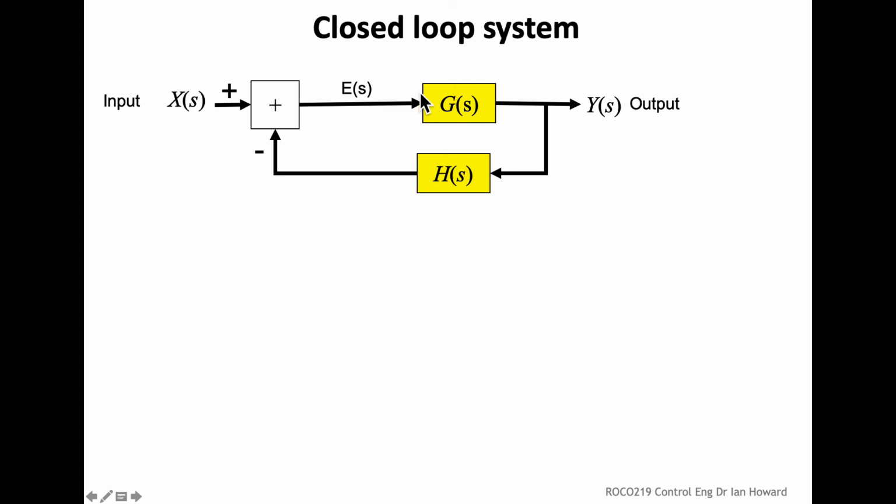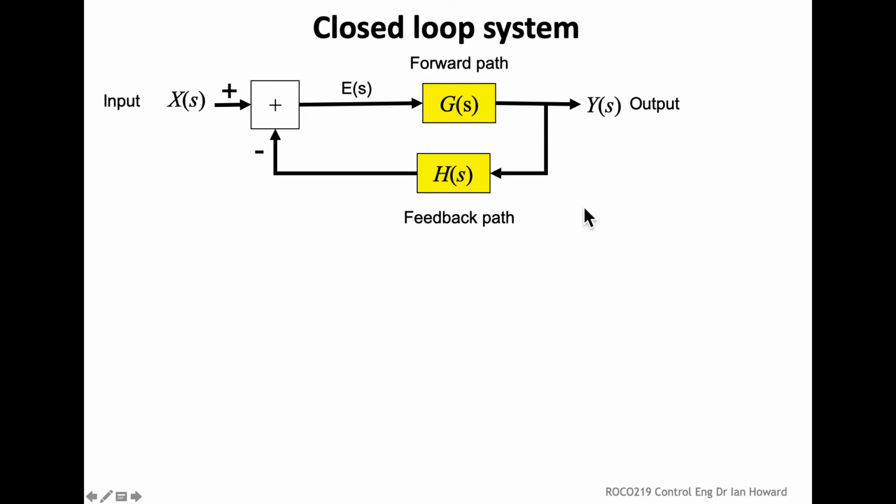But what we've got is this system here that we're going to now use feedback on. So we're going to feed back a path here through some feedback function and take it away from the input. So this is a typical negative feedback scenario. The input would typically be our goal, and the output would be typically what we want the system to achieve. So how can we think about this?